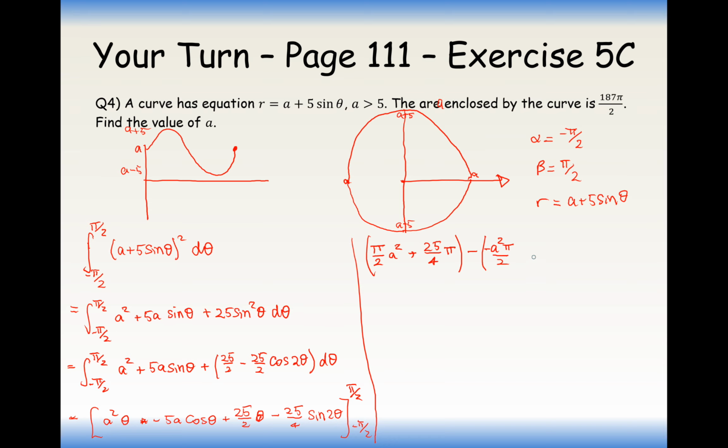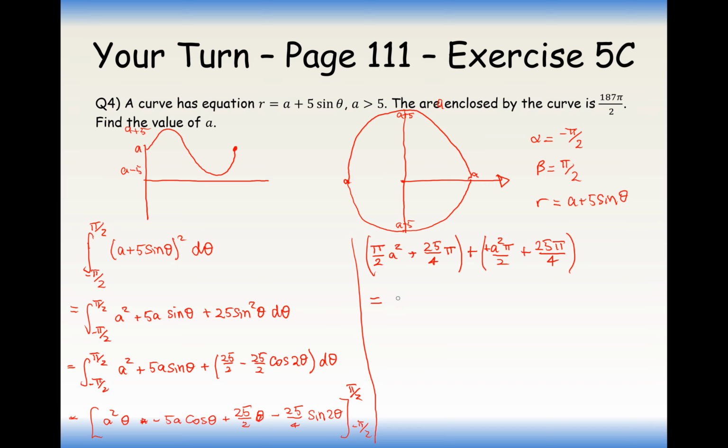Then for this bit here, it will be minus 25 pi by 4. And then plugging in sine for minus pi will also give us 0 as well. So this is our final thing when we have our values substituted in. Four of them have come out to be 0, and I just haven't written those down. So the double negatives will cancel each other out, so that would be plus, plus, and plus.